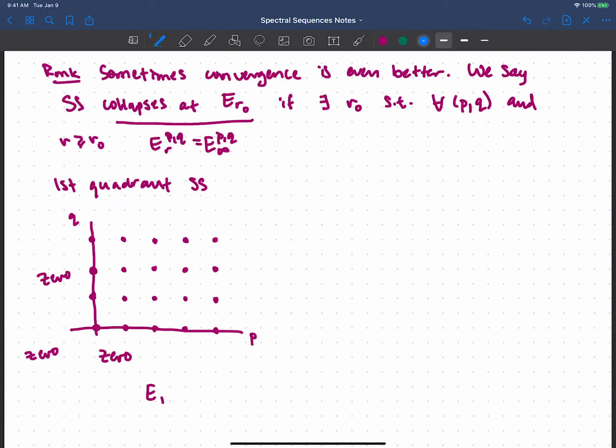When I look at the E1 page, I should have these d1 differentials. Let's remind ourselves how that goes: d_r has bidegree (r, -r+1). So our d1 differentials should go over 1, increasing p by 1, and go down 0.